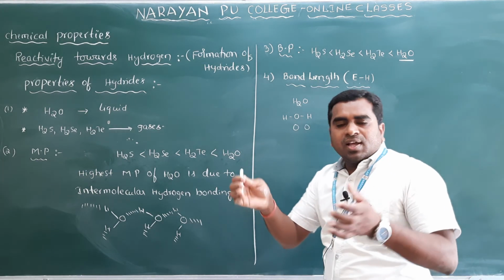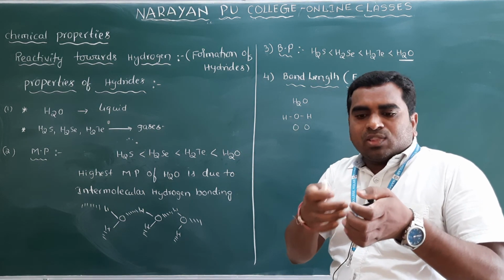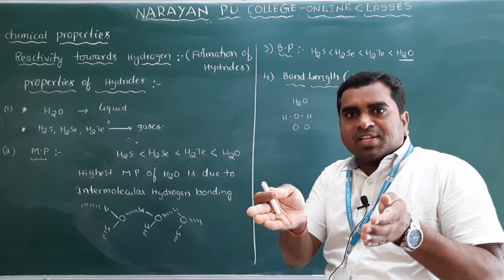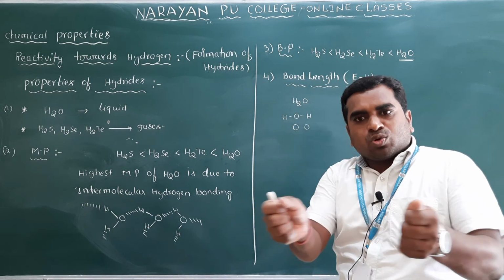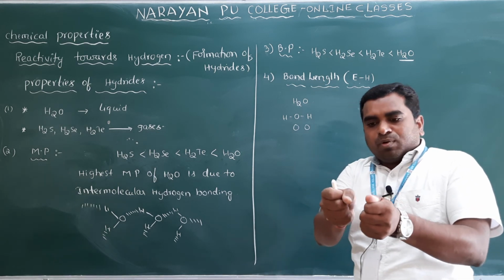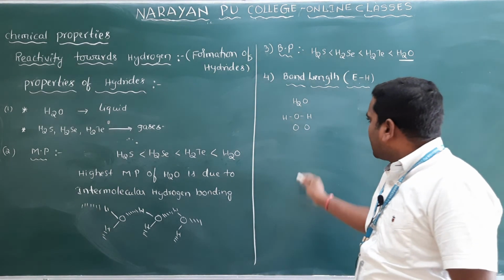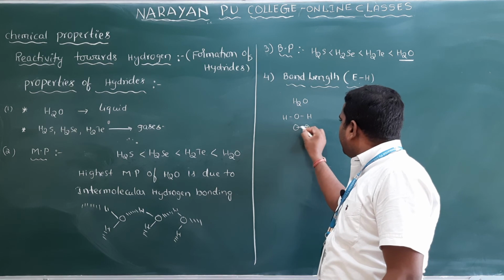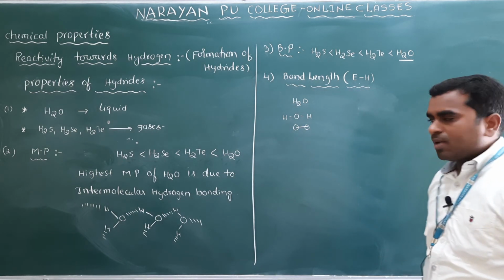When small atoms are there, orbital overlap takes place very effectively. So the bond is very strong, and this bond length will be very short compared to the others.